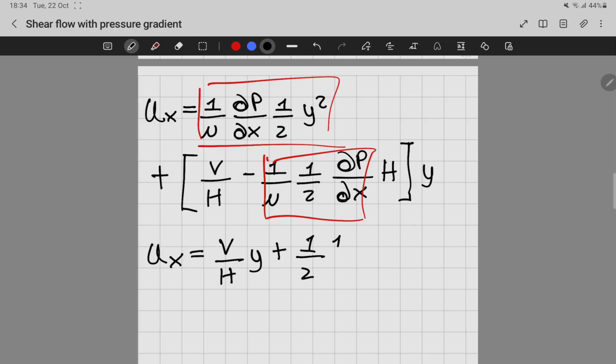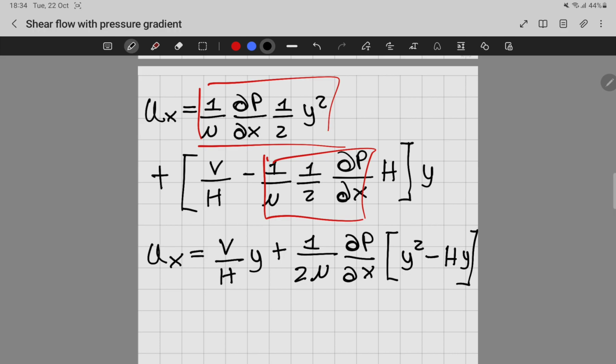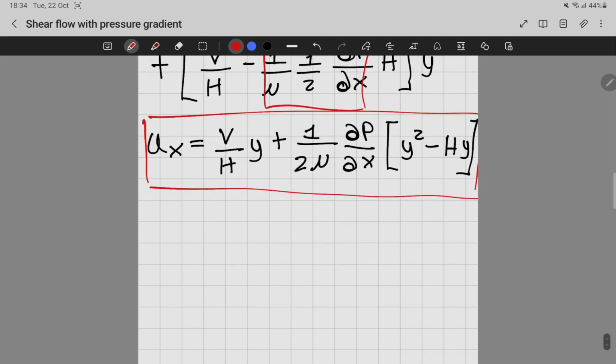Half, let me write it like this. So we have the pressure gradient, which is constant, you remember. And then we have something like this. So this is the velocity profile.